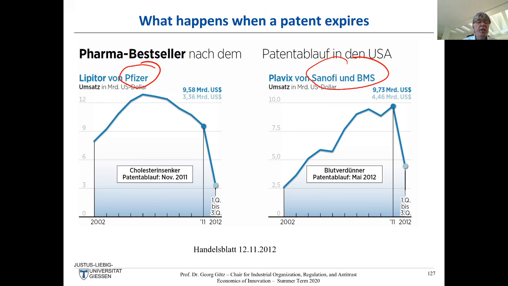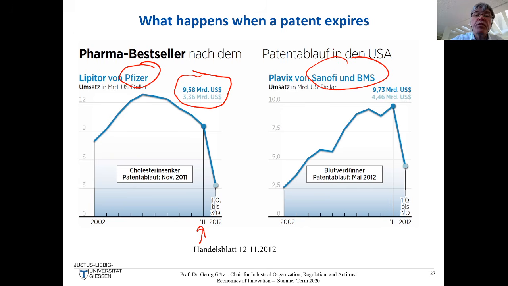And what you see here is, if patent protection expires, which was the case here in 2011 for Lipitor from Pfizer, a cholesterol-lowering drug, revenues decreased by 6 billion. So you see, half a year or one year is worth a lot.